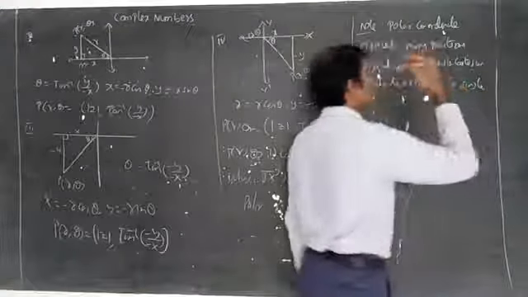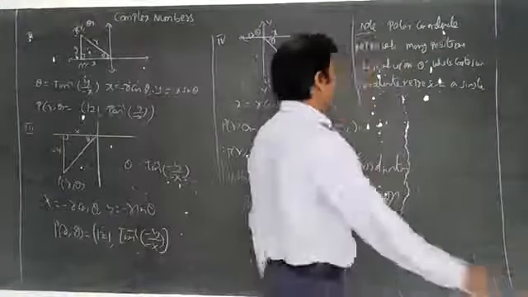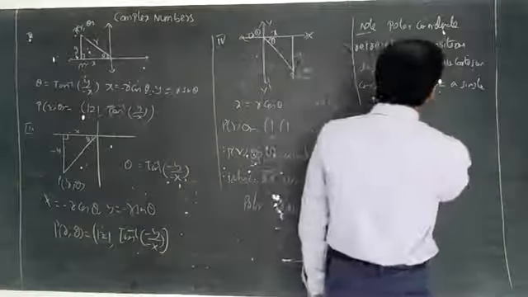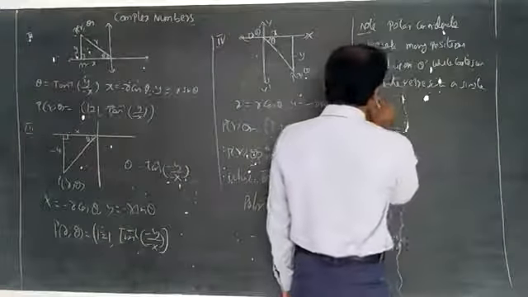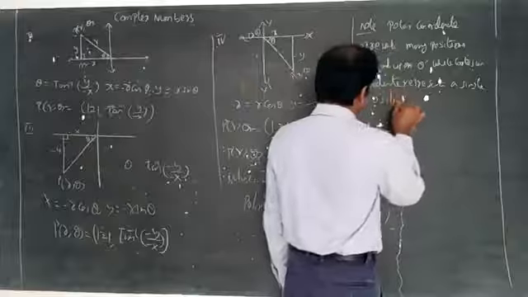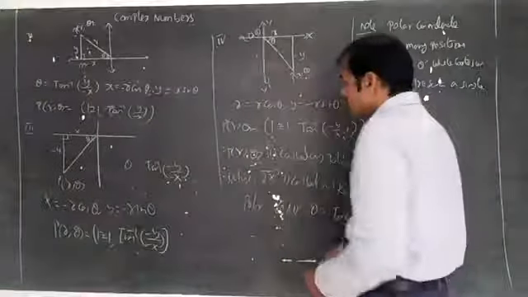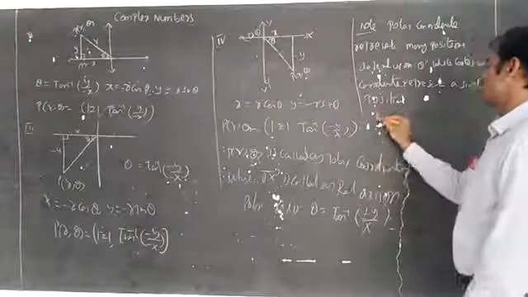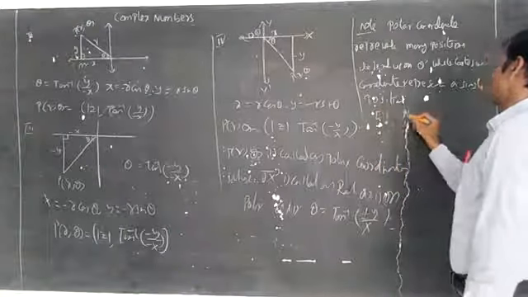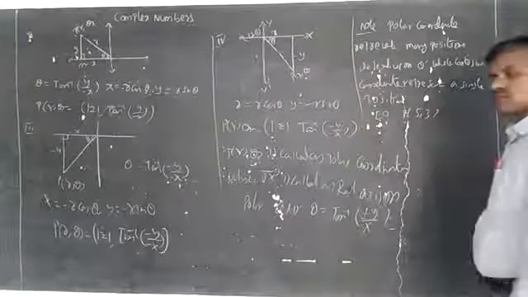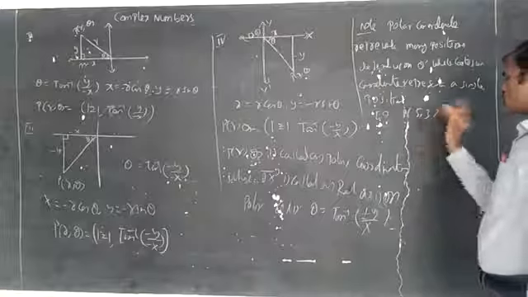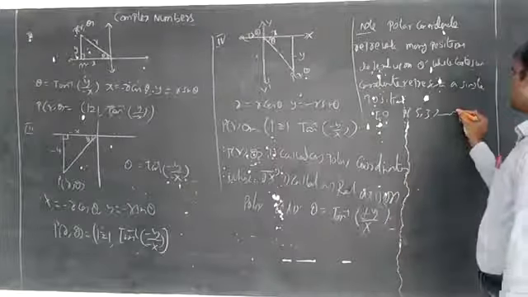Here not only many, infinite also you can write. Plenty, so many. Example, take P(5, 3). That's all, only 5 comma 3, single.